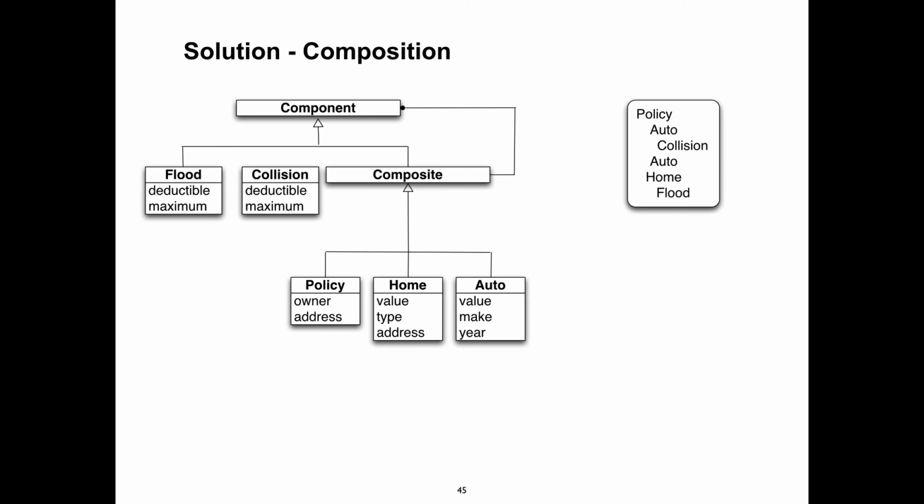So you may have flood insurance and collision insurance or other types of insurance, right? And there's also homeowners insurance, auto insurance, but auto insurance may also have a collision part and a liability part.